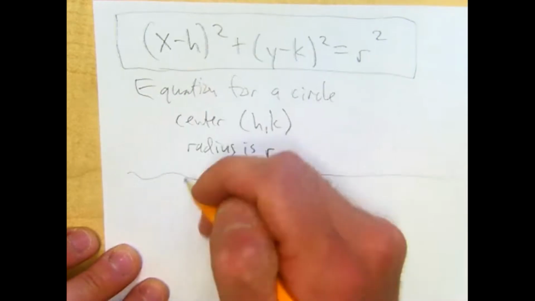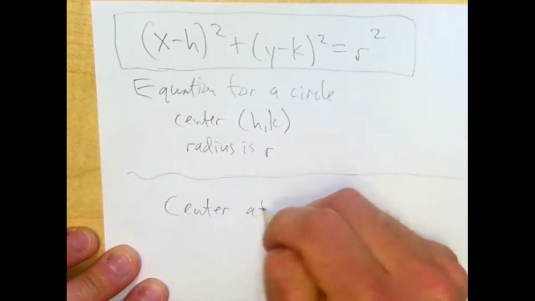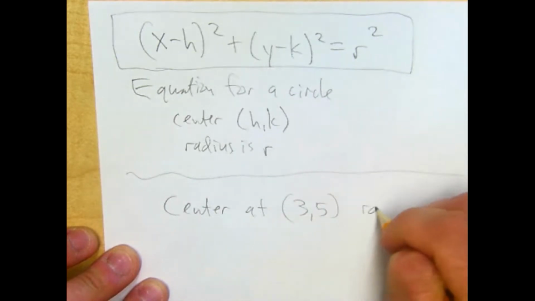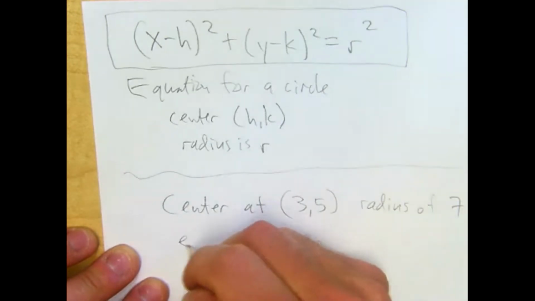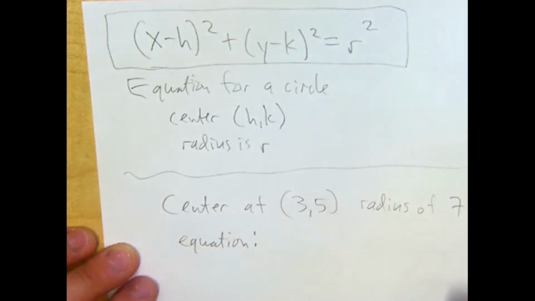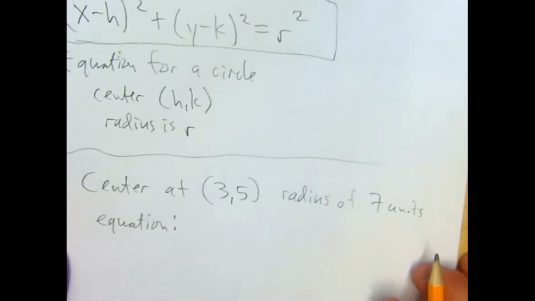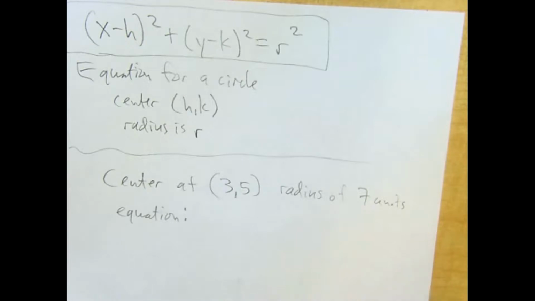So if I say write the equation for this circle, center at 3, 5, radius of 7 units. What's the equation? I'll give you a second to try to write it. Maybe you have no clue what I'm talking about, but based on what we talked about, could you write the equation for a circle if the center is at 3, 5?